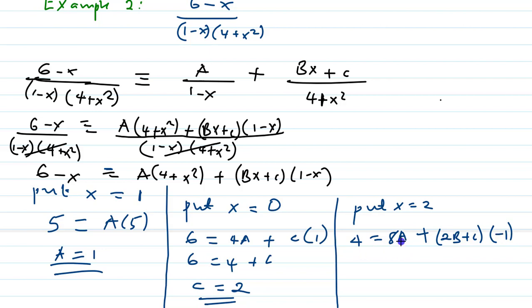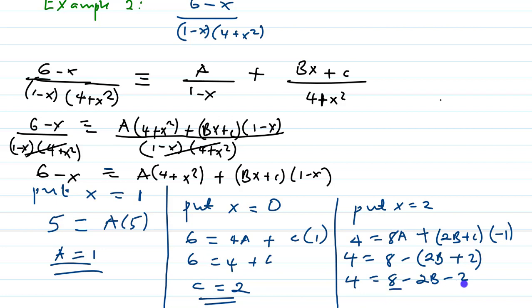Then I'll put in the value of A. So 4 equals 8 times 1, that's 8, plus (2b plus c) times negative 1, and c is 2. So there we go. I have 4 equals 8 minus 2b minus 2.